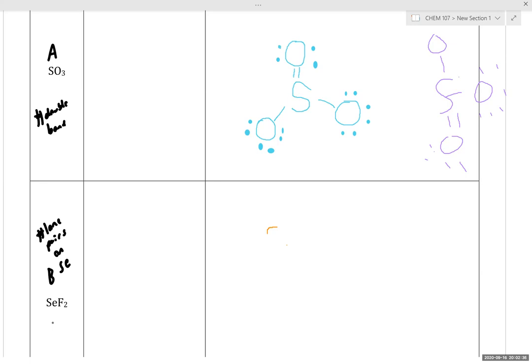And don't be shy, there's plenty of space to annotate. And remember, you only form a double bond if you absolutely need to, and only when you run out of electrons.